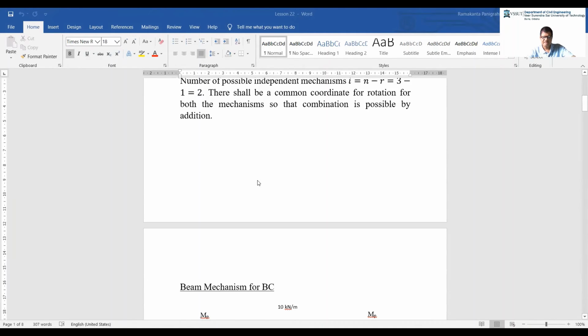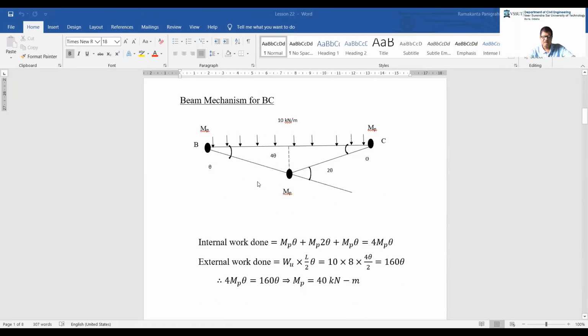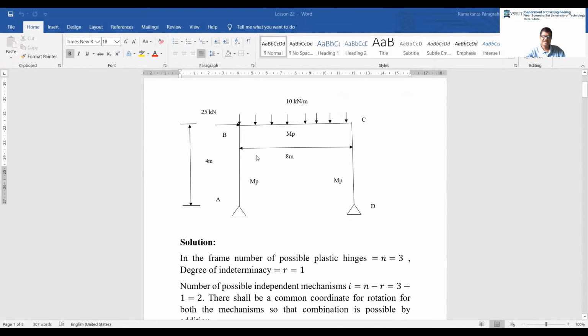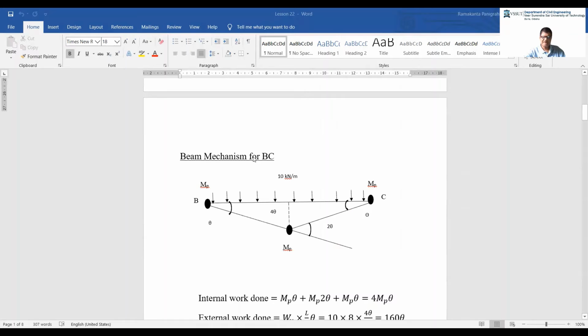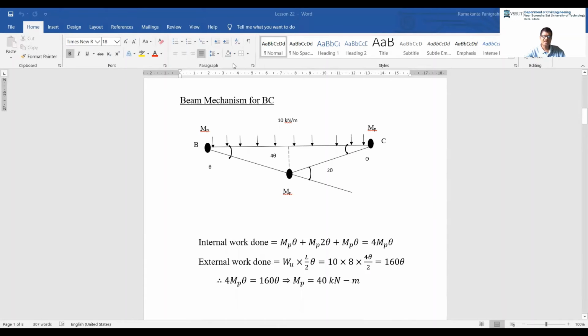Beam mechanism for the span BC. In span BC, the length is 8 meter. So 8 meter means this is 4 and 4, right?